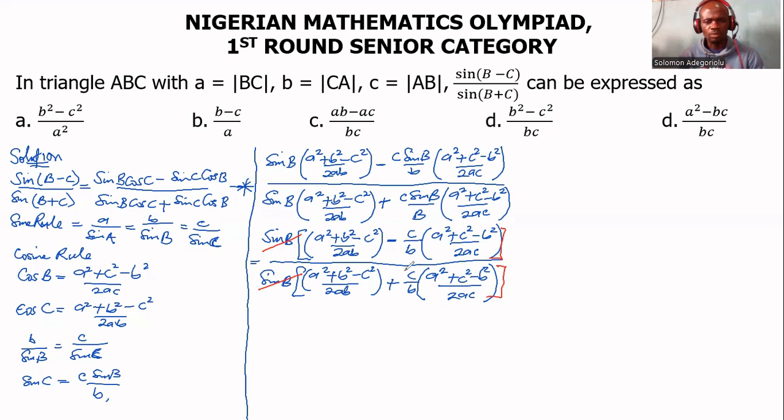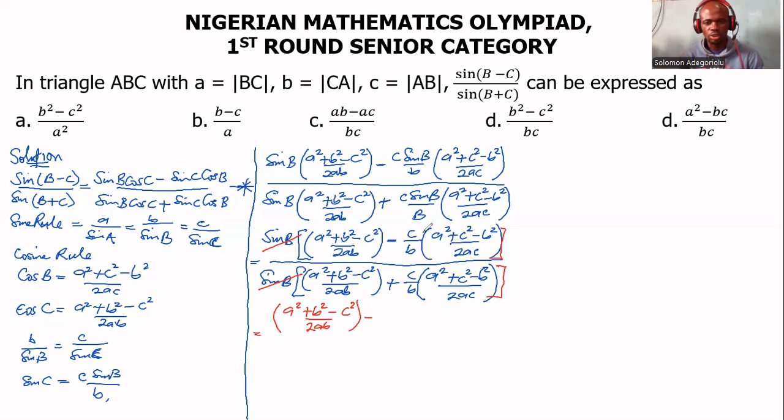Let's use this one here to multiply what we have in this bracket. So this is equal to A squared plus B squared minus C squared, then over 2AB. We're not going to change anything there.